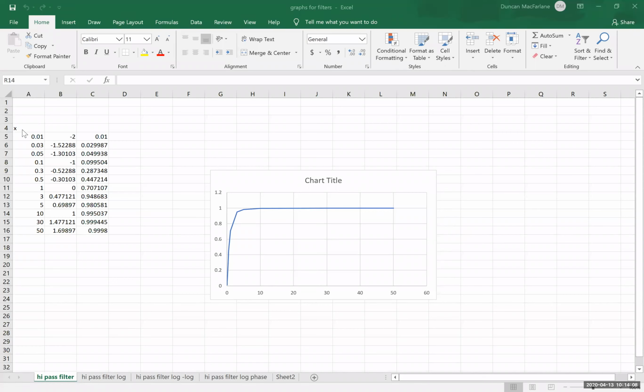So let's see. I defined an x as omega RC. So this is an example. Using this example, this is a dimensionless number.